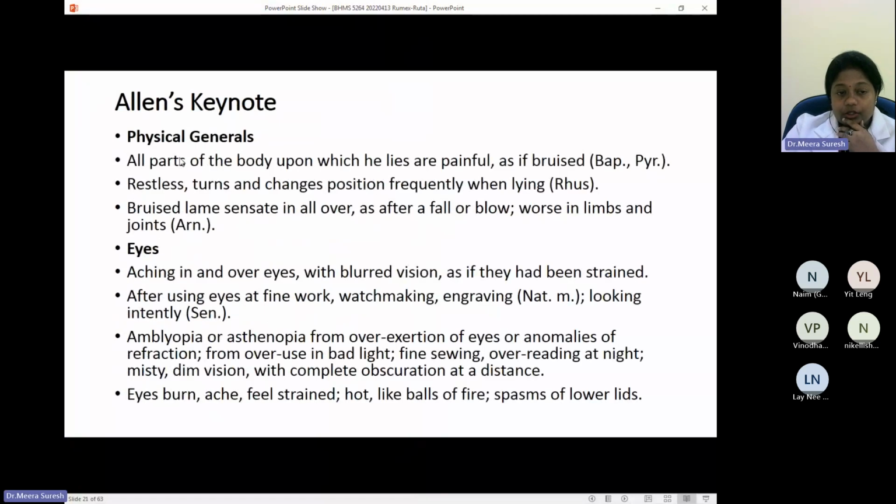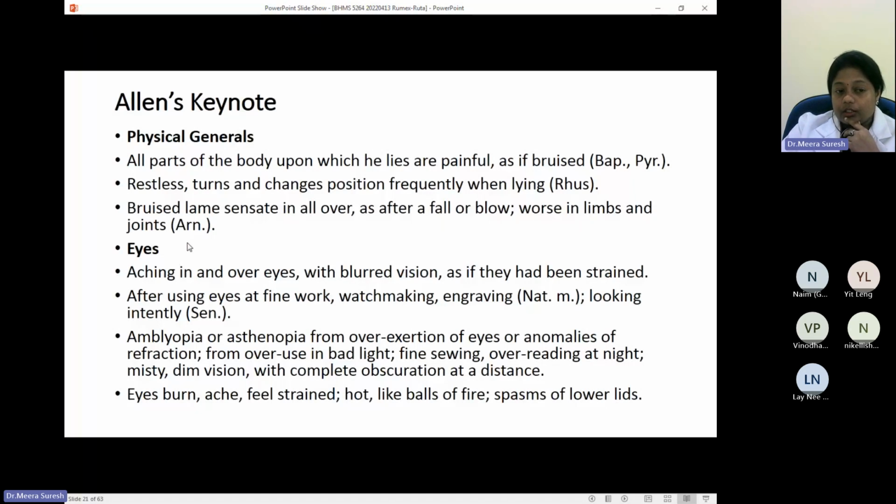So in Allen's Keynotes, the physical general says: all parts of the body upon which he lies are painful, a sensation of bruising, like in Baptisia and Pyrogen. He is extremely restless, because wherever he lies, the body feels pain, so he will be frequently changing his position while lying down, a restlessness similar to that of Rhus tox.